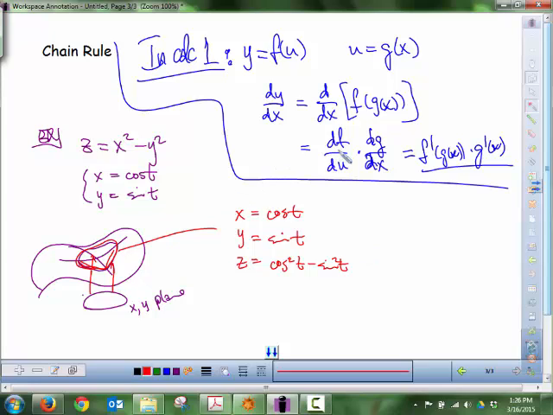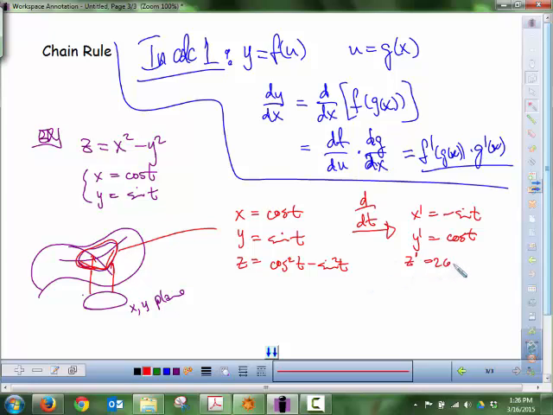So if you were to take the derivative of this, you take the derivative with respect to t. What you have here is x prime, whatever that is, negative sign. So z prime is whatever this is.